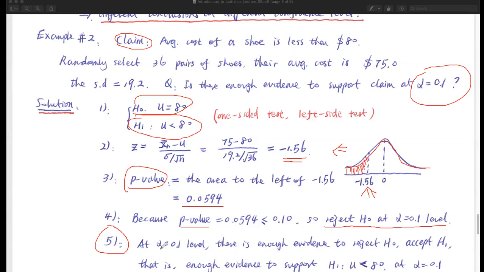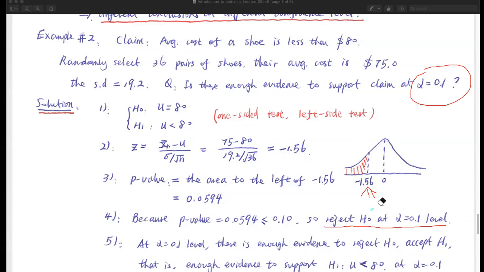So yes, at the alpha equal to 10% level, in other words, we have 90% confidence to say the average cost of a pair of shoes is less than $80. Are we clear? That's the conclusion we are getting.